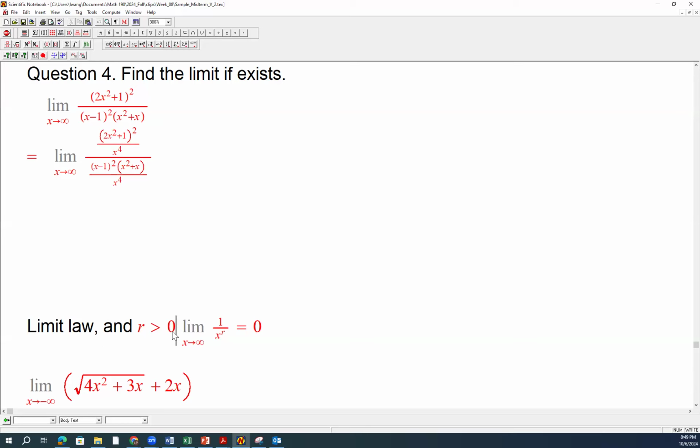So we are basically applying these two theorems and limit laws.